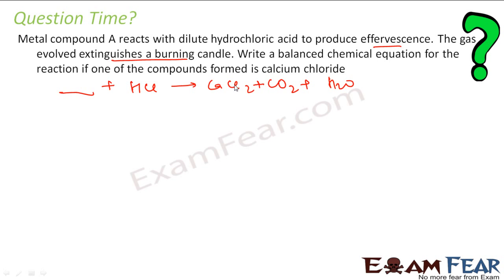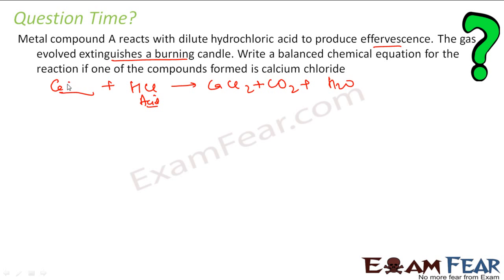Now you see, this is the acid, and something that reacts with acid to give salt plus carbon dioxide plus water is nothing but a metal carbonate. Metal carbonate reacts with acid to give salt, carbon dioxide and water.